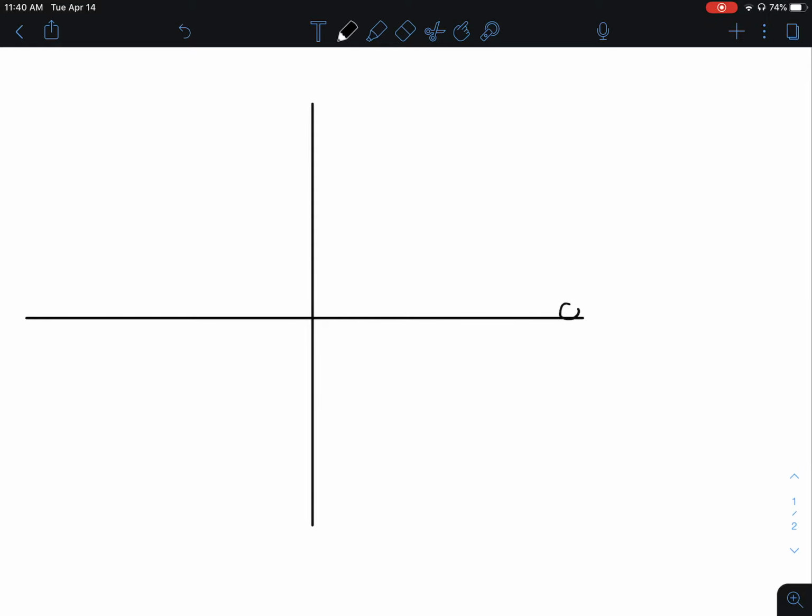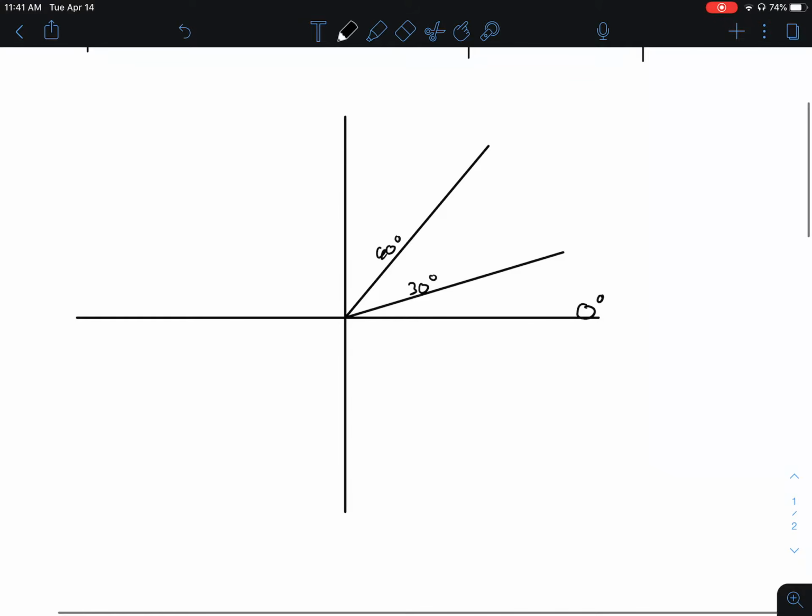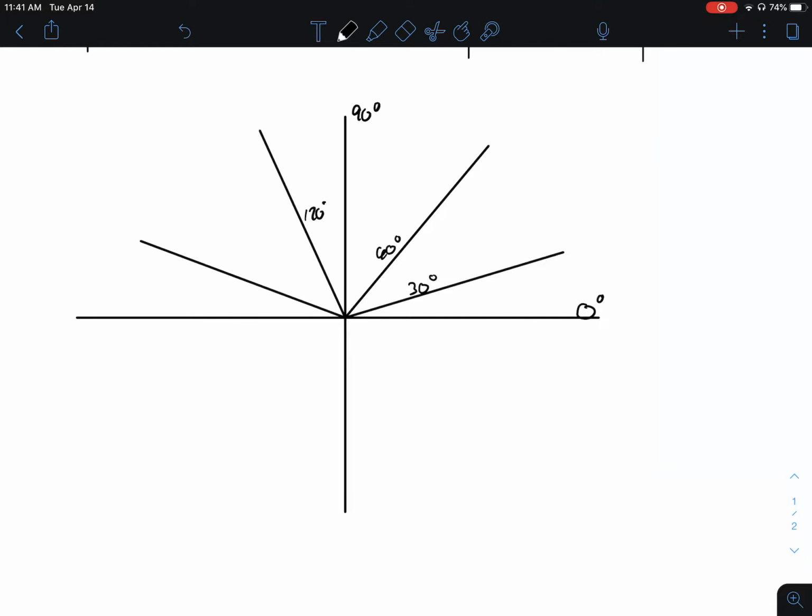So we got 0 degrees, we got 30 degrees, we got 60 degrees, we got 90 degrees, we got 120 degrees, we got 150 degrees. Continuing here into quadrant 3, so the negative x-axis is 180, just adding 30 each time.